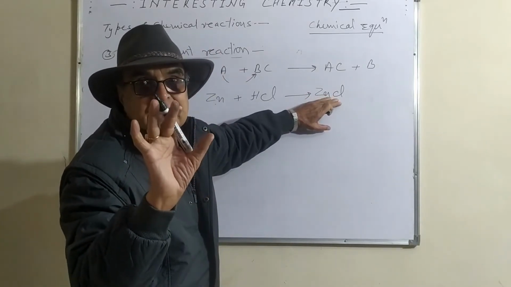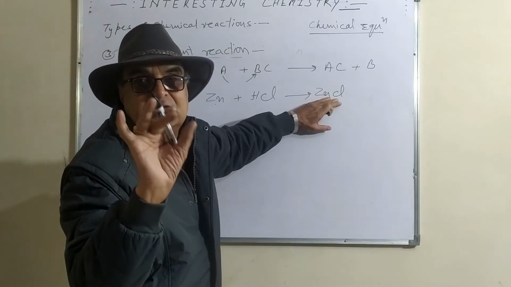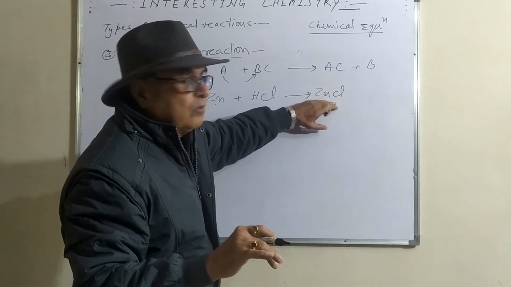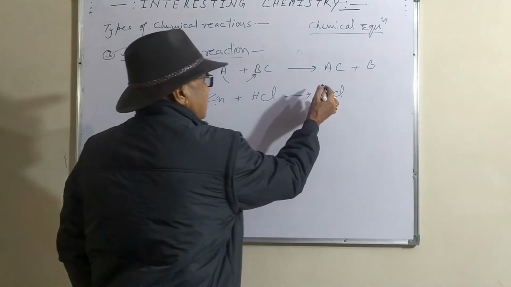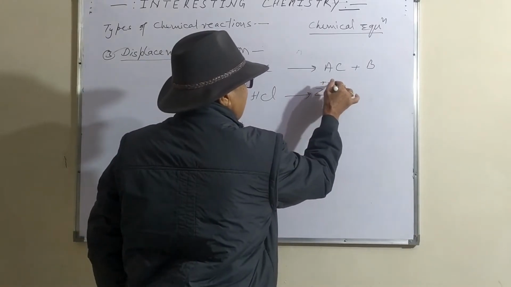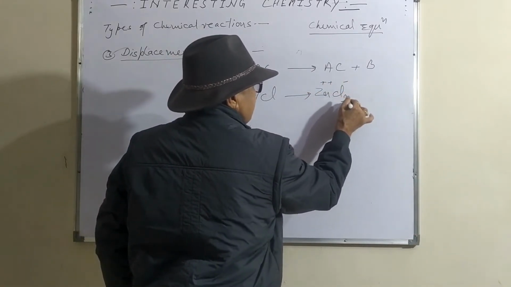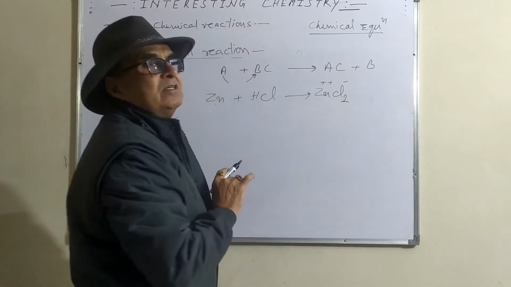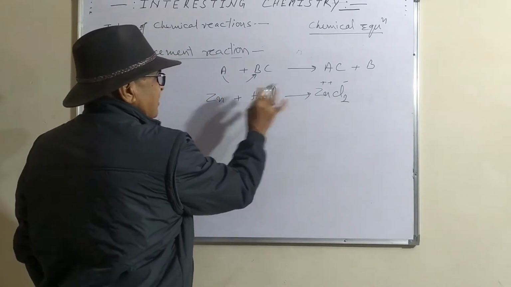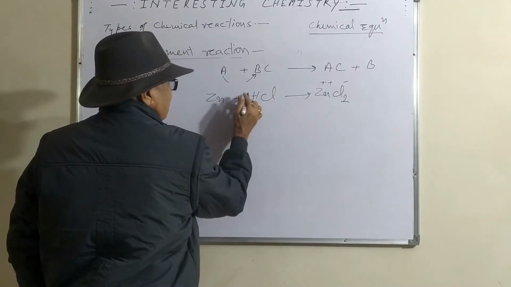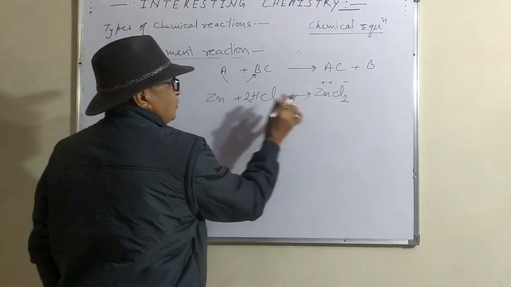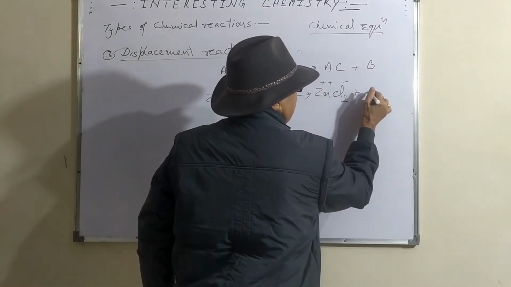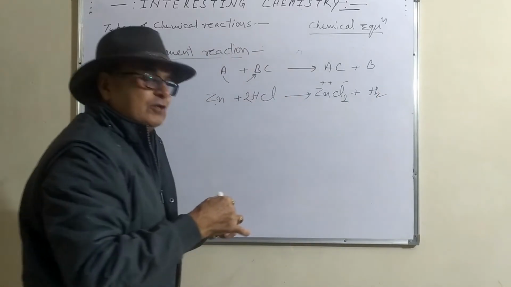It is not correct. You have to write the correct formula. The valency of Zn is 2, so it is ZnCl2. You should write ZnCl2. Here you require 2 chlorine, so you will calculate, and these 2 hydrogen will come out as H2. So it is the equation.